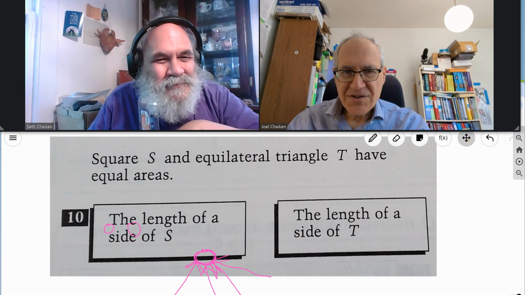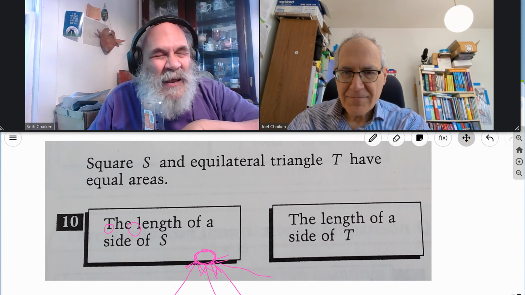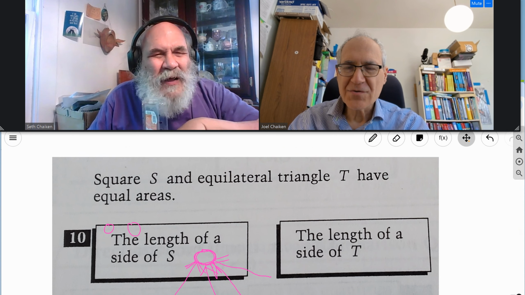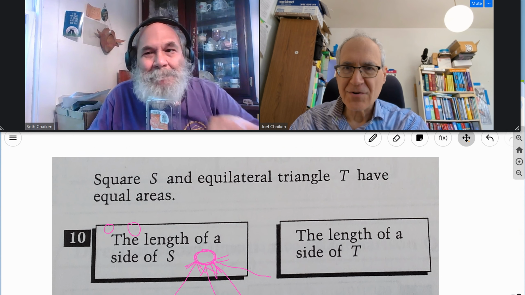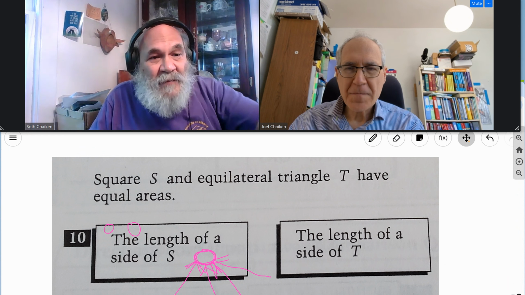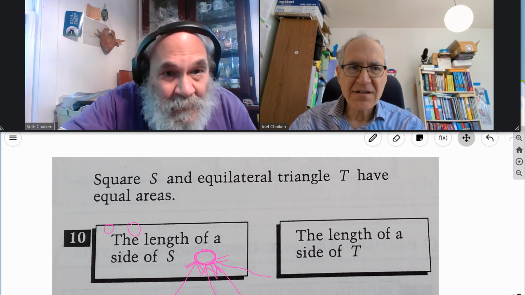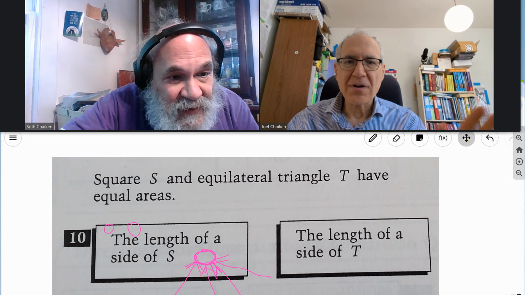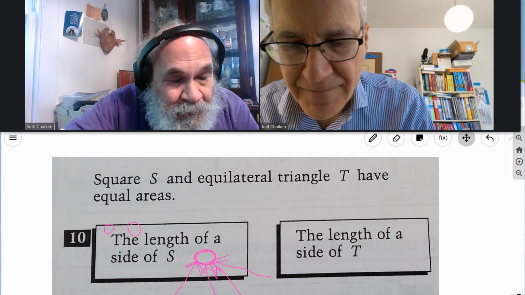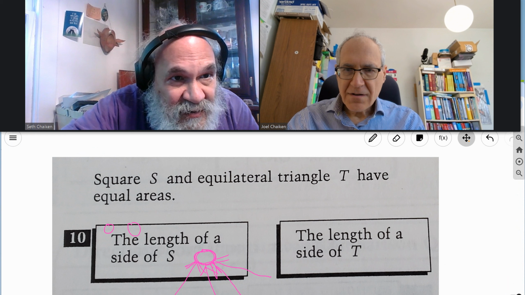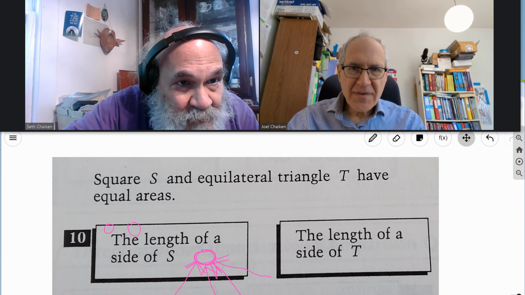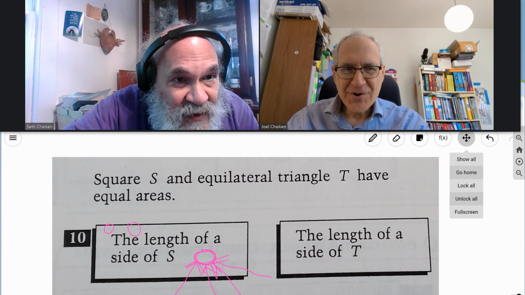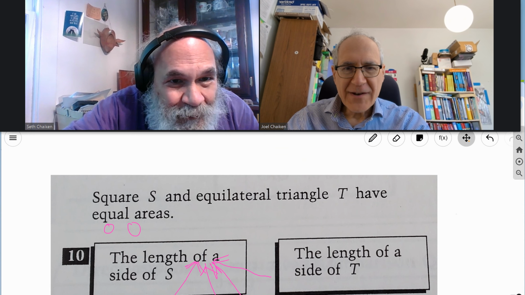Just excuse everyone, just ignore that. Can you kill the Zoom annotations? Kill all on the annotation. Let me think, how do you do that? Well, anyway, while Seth's thinking, which is never a good thing, we will talk about this.